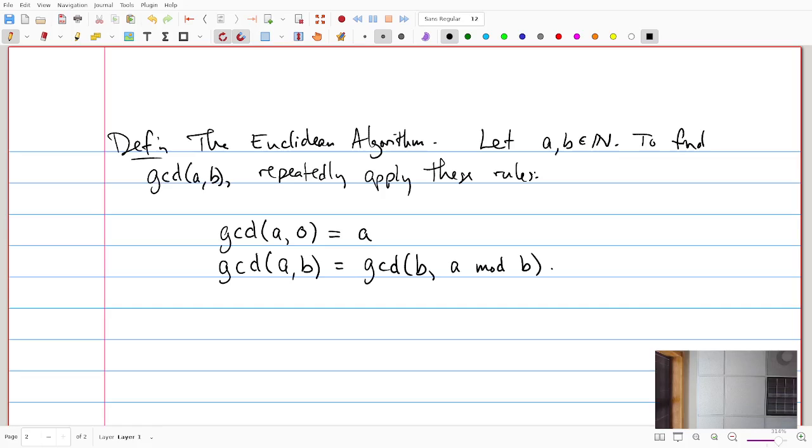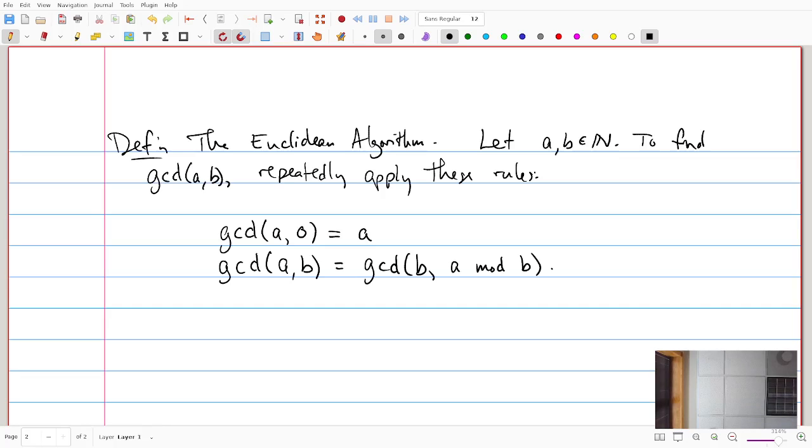Eventually, it'll have to get to 0, and then it'll stop. It's important that they're natural numbers. If they were integers, an integer getting smaller could keep getting smaller forever because it could be negative. And rational numbers can keep getting smaller forever because you could say a half, a quarter, an eighth, a 16th, right? You could always get closer and closer to 0 but never get there. But for natural numbers, you can't do that.